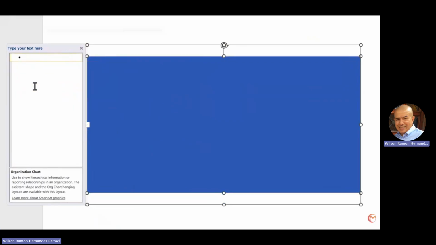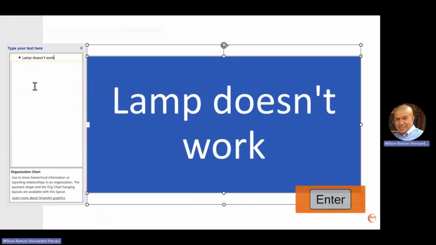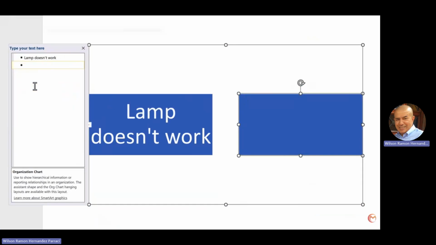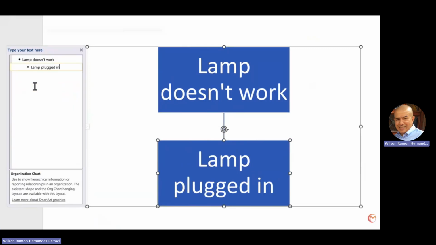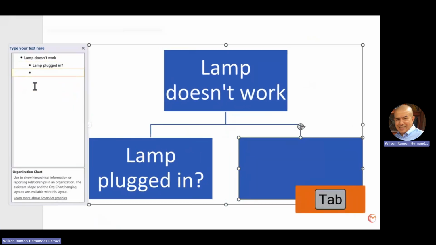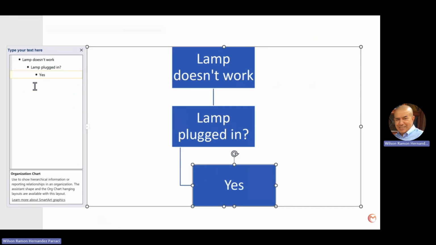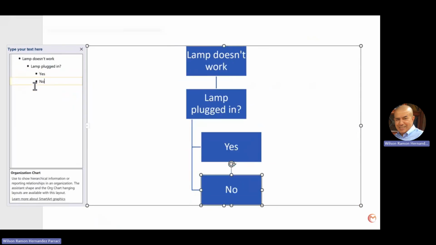Now we can start defining the process. The first shape will represent the start of the process. So we're going to type, for example, lamp doesn't work. Hit Enter, and the next shape appears. To connect it to the previous one, hit the Tab key. This shape represents a decision with two possible outcomes. The lamp is plugged in, or it is not. After writing the decision, move to the next lines by hitting the Enter and Tab keys. Write Yes on one line and No on another.